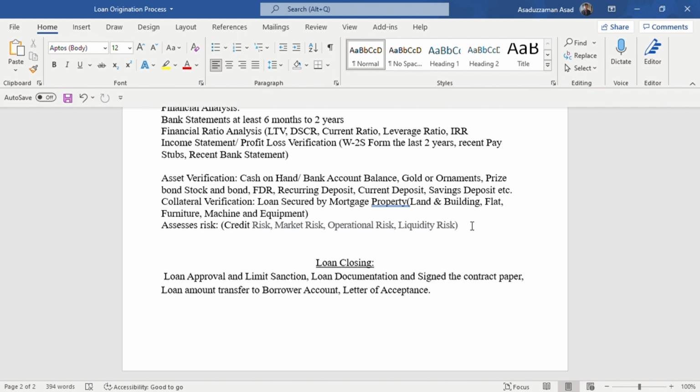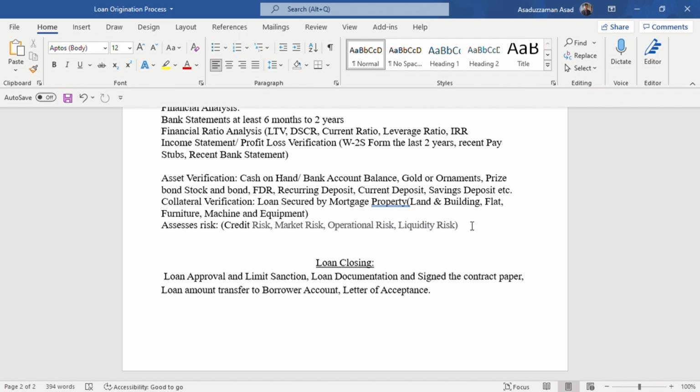And after providing the loan amount to the borrower, the bank will take a letter of acceptance from the borrower. This is the whole procedure of a loan origination process or making a credit proposal.